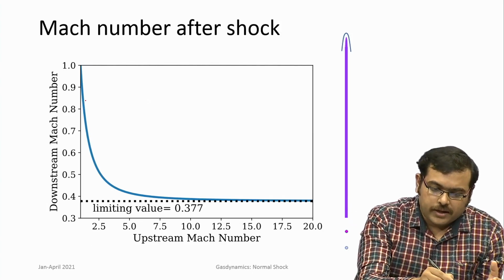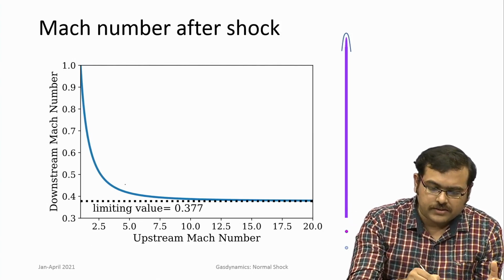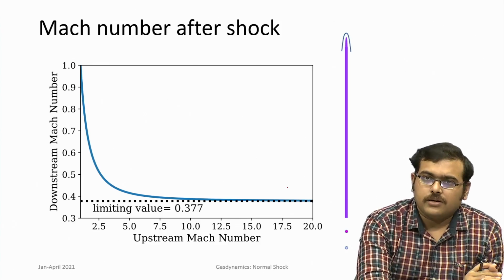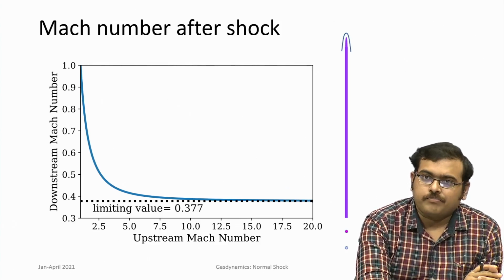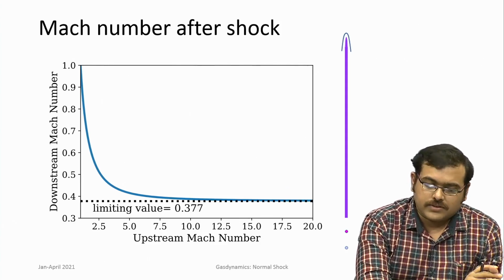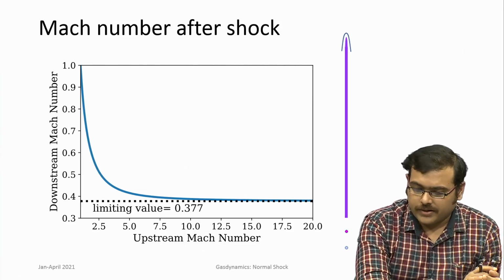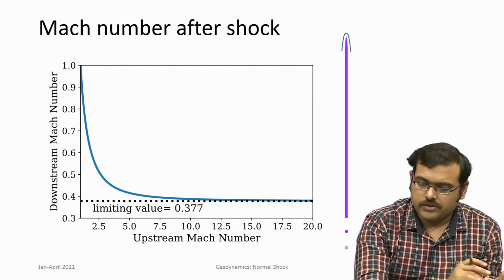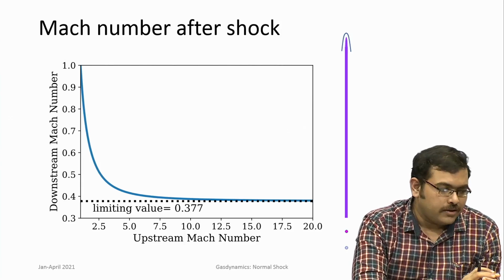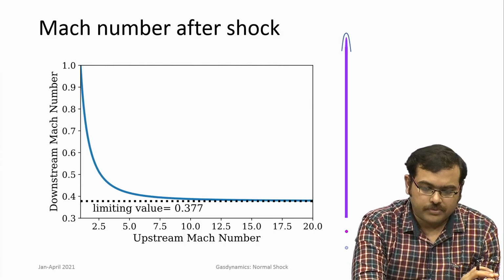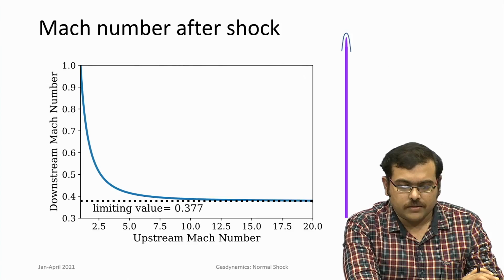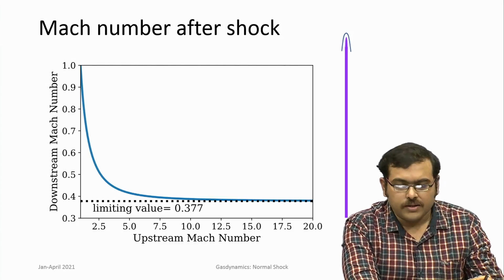The way M2 behaves is that it decreases, but then similar to the way density saturates by increasing to a value, the Mach number decreases to a value and saturates, and tends to be a constant. So these are how these values occur.